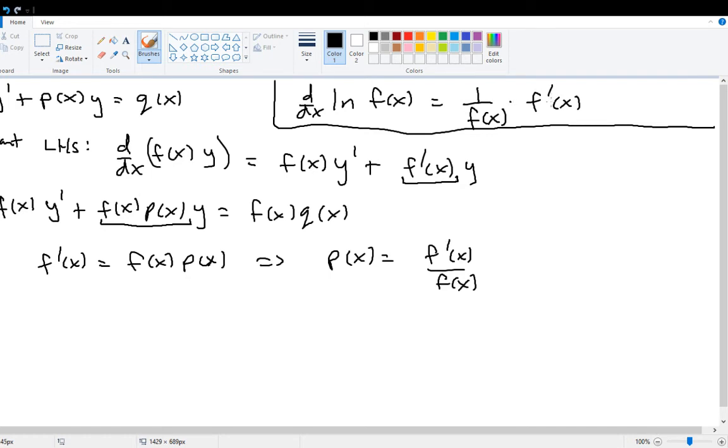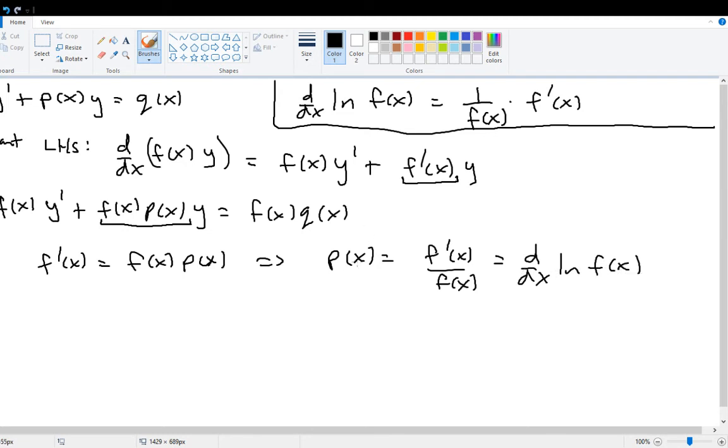If I have f prime of x divided by f of x for some function, what that actually is, in secret, is the derivative of the logarithm of f of x. So this is equal to the derivative of the logarithm of this unknown function that we still have to figure out.